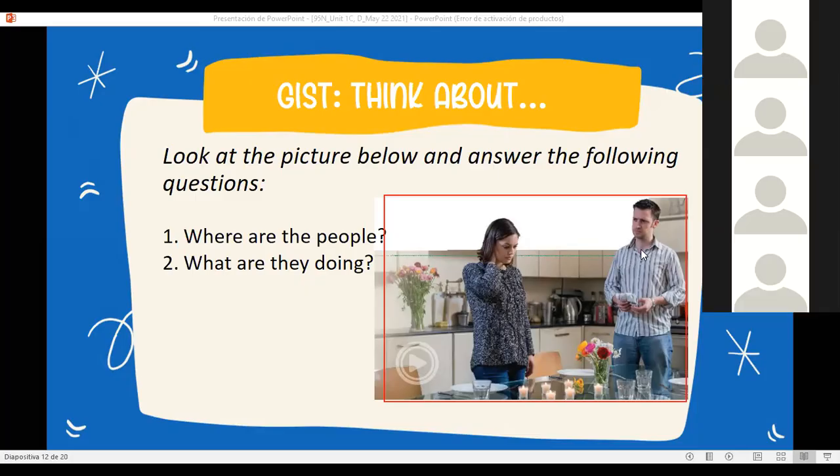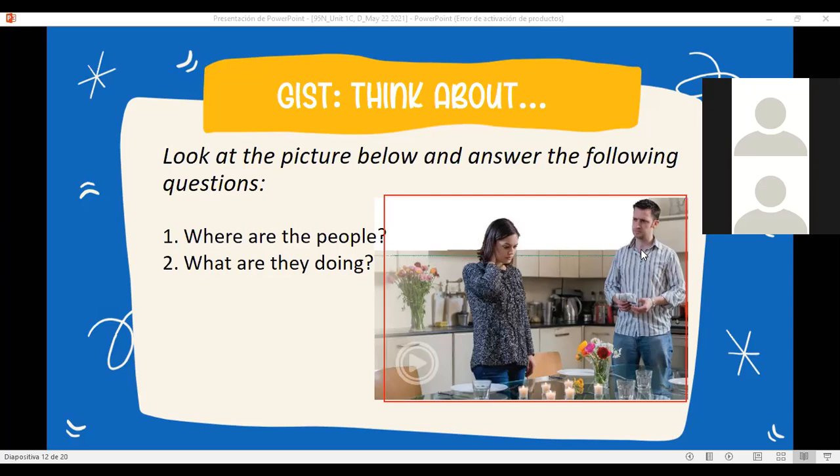George, what do you think is happening here? Maybe she doesn't like the flowers. Okay, probably it could be an option. Maybe she doesn't like the flowers because we can see that she is looking at the flowers, right? So maybe she doesn't like the flowers.